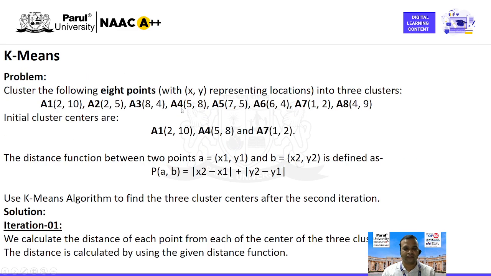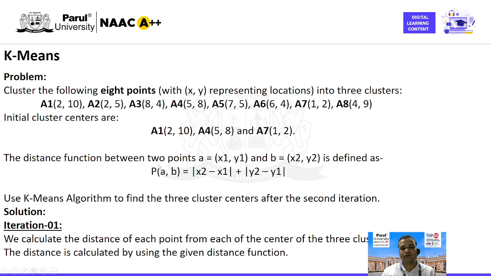So we choose here initial cluster centers A1, A4, A7. Randomly you can choose. There is no specific criteria to select A1, A4, A7. Just randomly you can select, no issue. So here we select A1, A4, A7.